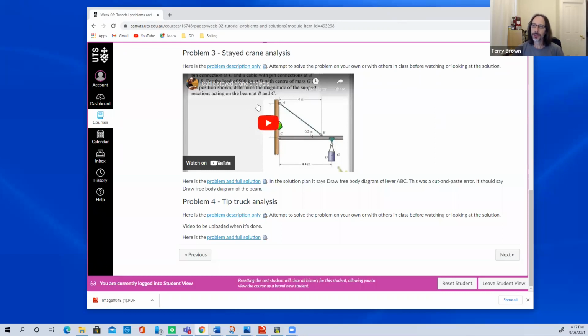What I did in my tutorial was to get students to draw free body diagrams and to upload them to the team site, so I can have a look at what you've done and respond to that. There were probably only about 10 or 12 students in my tutorials, and I know some of those students are here tonight.